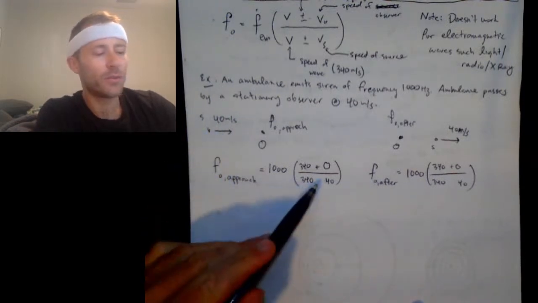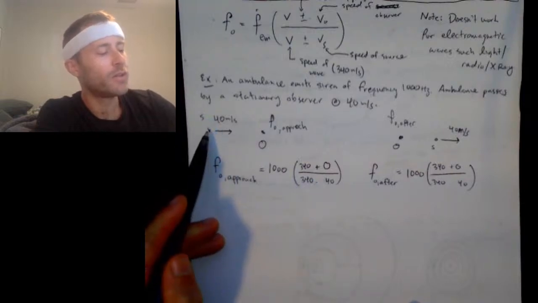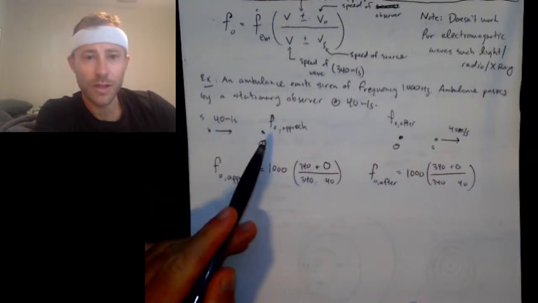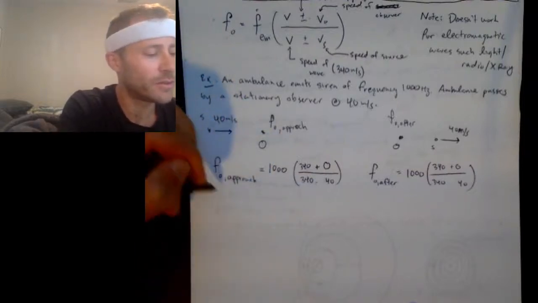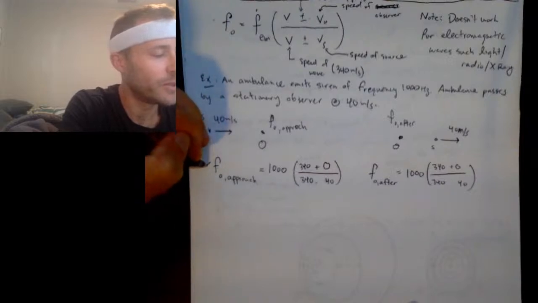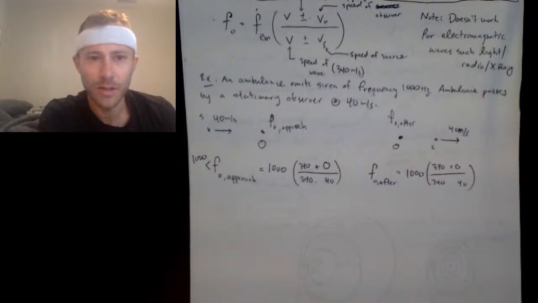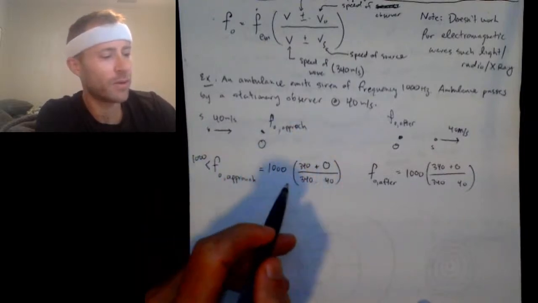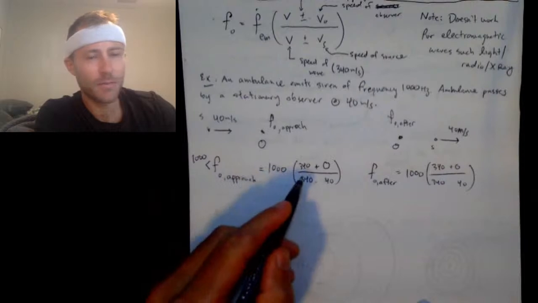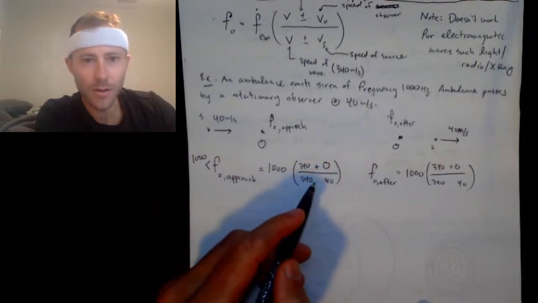So let's analyze it on approach. Should it be a plus or a minus? Well, on approach, the source and the observer are getting closer together. So what that means is that this observed frequency should be greater than 1000, right? Because they're getting closer together. So the question is, which sign choice is going to make this greater than 1,000? Well, if I want to make a fraction bigger, I need to make the denominator smaller.